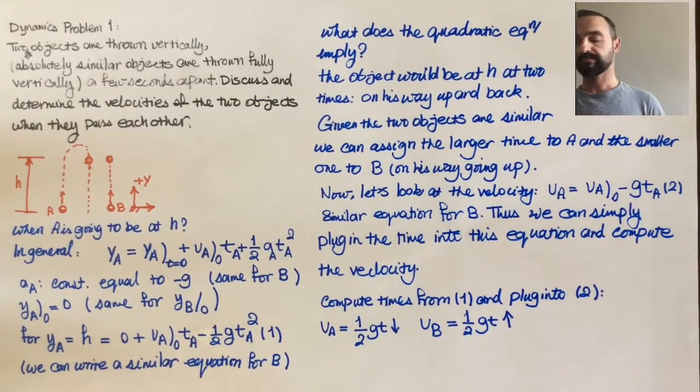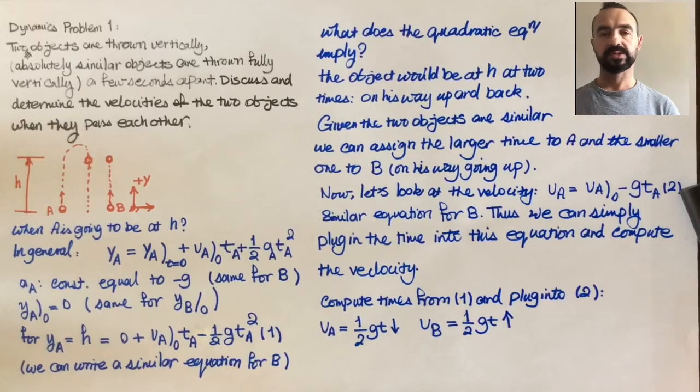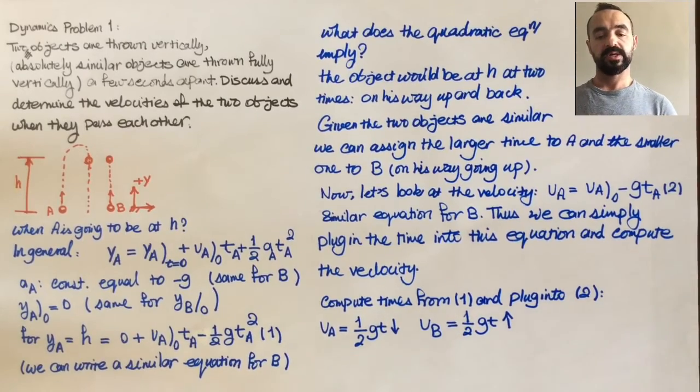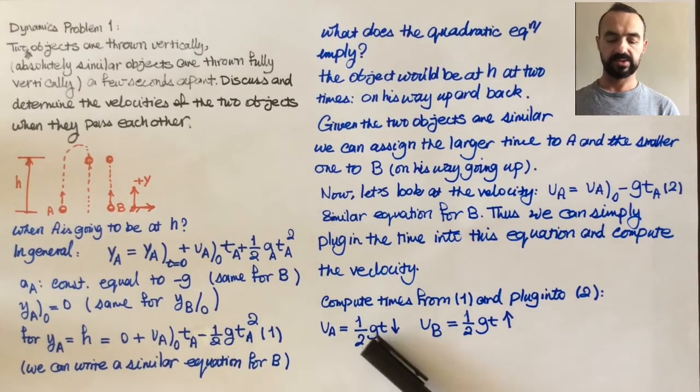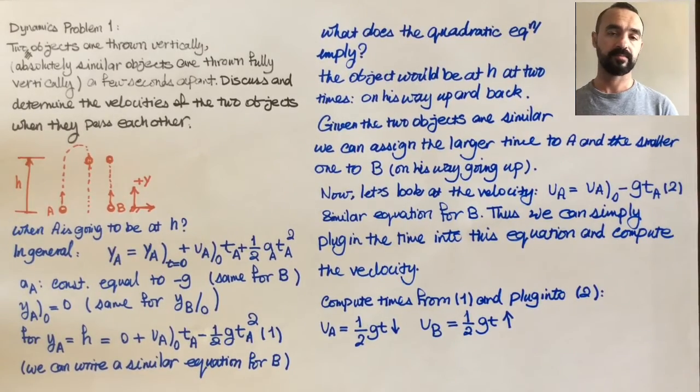Once you have these two times, you can plug them into equation 2, and then compute the velocities of A and B as they pass each other. I leave this last part to you. You should get VA equal to half g t down and VB equal to half g t up.